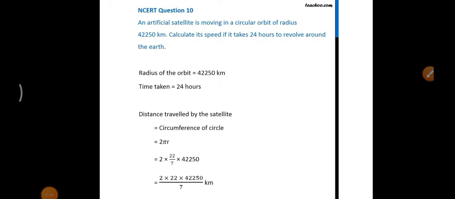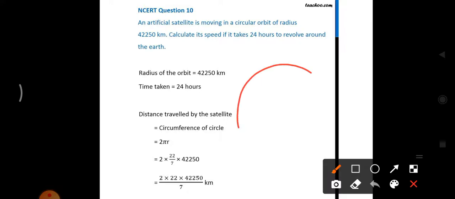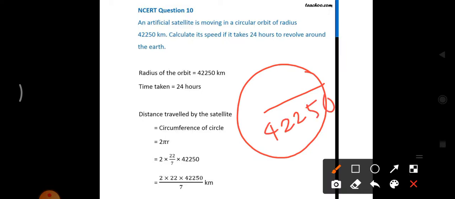The next question, question number 10. An artificial satellite is moving in a circular orbit of radius 42,250 kilometer. So this is a circular orbit. The radius of the orbit is 42,250 kilometer.